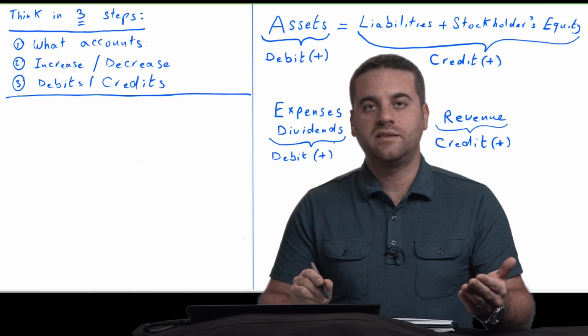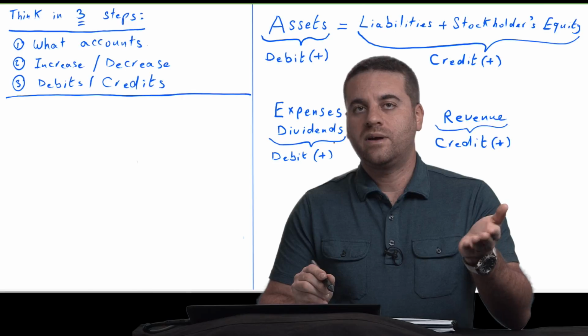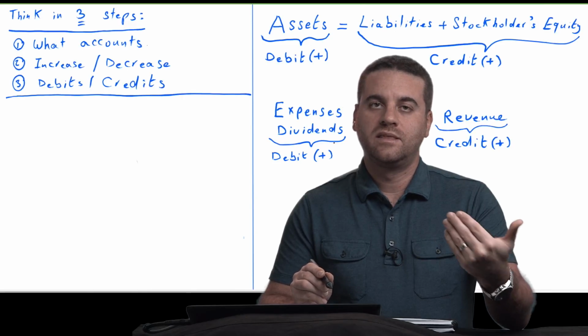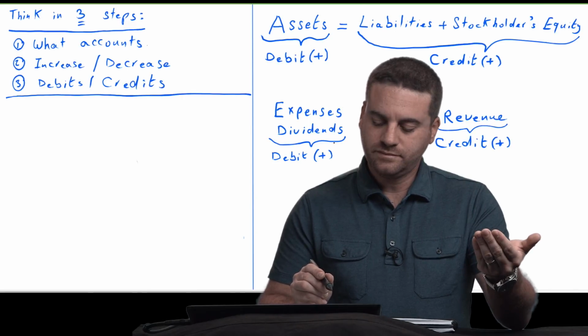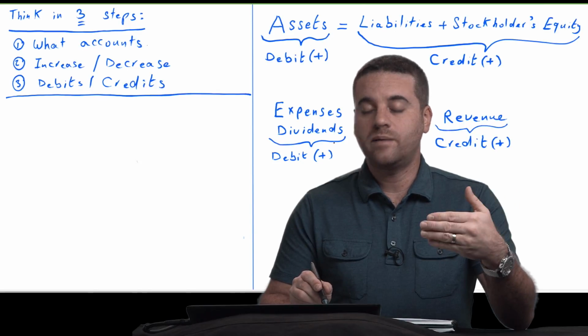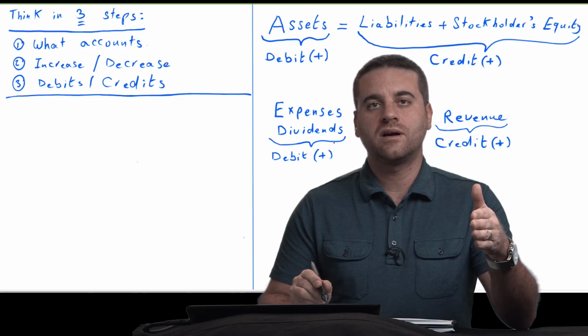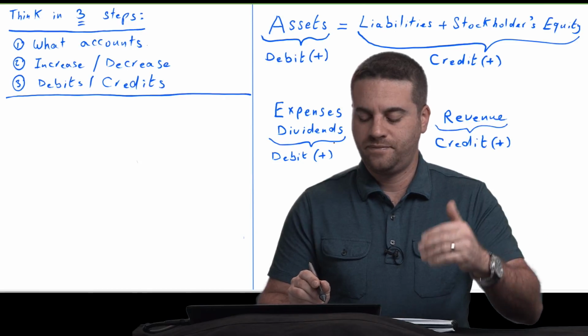Step number 2, decide the increase and decrease. If I'm going to issue stocks and get cash, the company's cash will increase. So the cash will increase, and then the common stock is also going to increase because there was no common stock at all, and now there is common stock. So both of them will increase, cash as well as common stock.